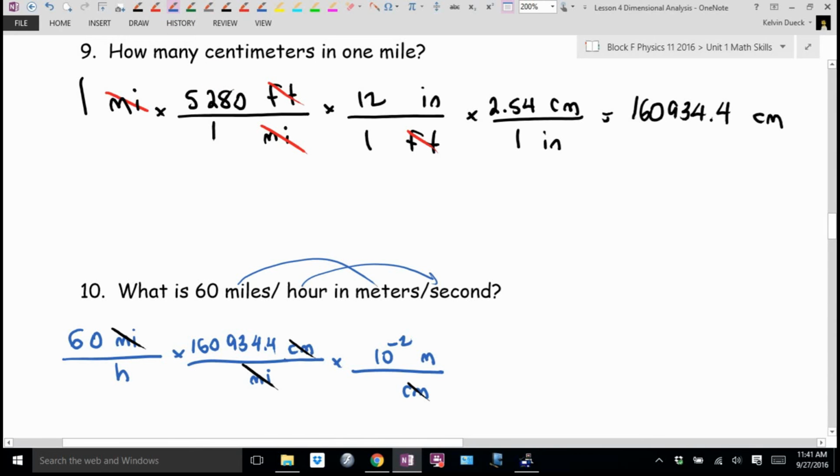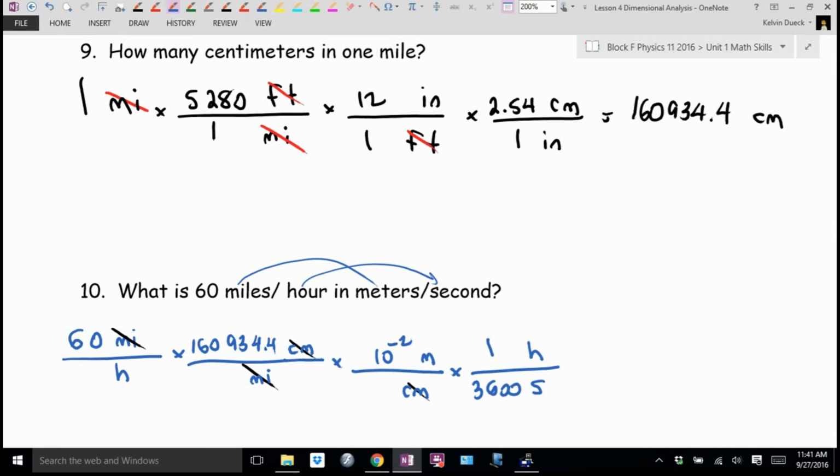And again, it tells you whether you're going to multiply or divide. Sarah, did you say you knew how many seconds there were in an hour? So I can go hours to seconds. 1 hour is 3,600 seconds. Notice the 3,600 is on the bottom. So with that number, am I going to multiply or divide?